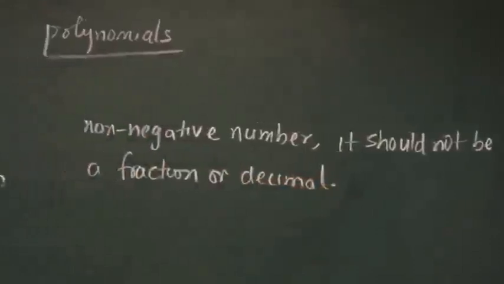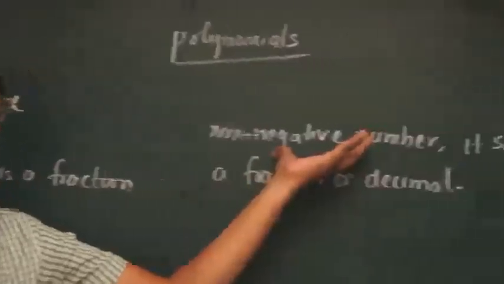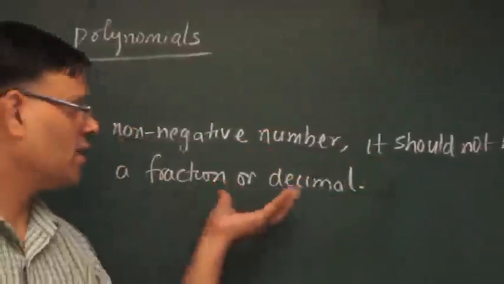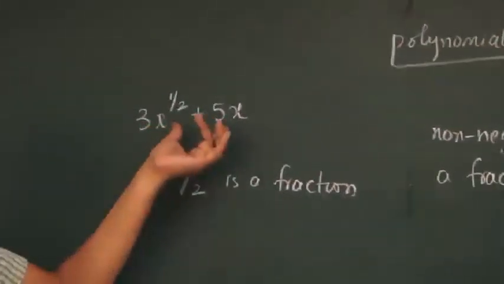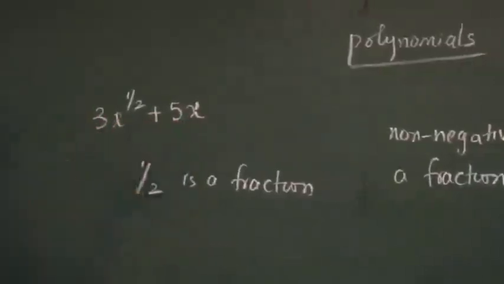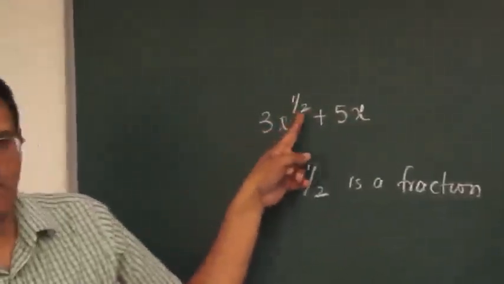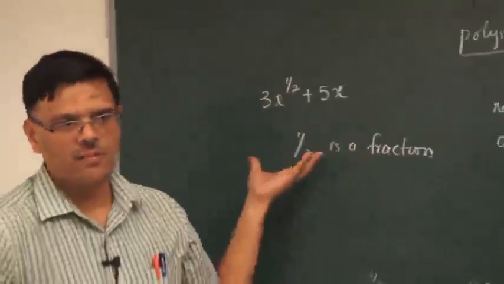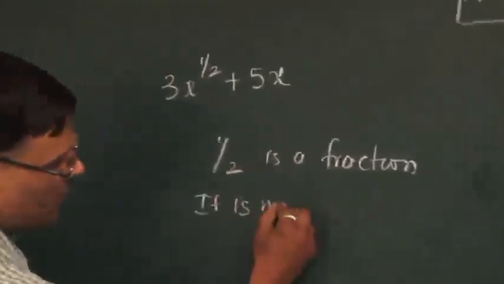So if you want to tell that the given expression is a polynomial, it should contain non-negative numbers as powers and not a fraction or decimal. Here 3x to the power of 1 by 2 plus 5x is not a polynomial. The reason is that the power of x is 1 by 2, which is a fraction. Therefore it is not a polynomial.